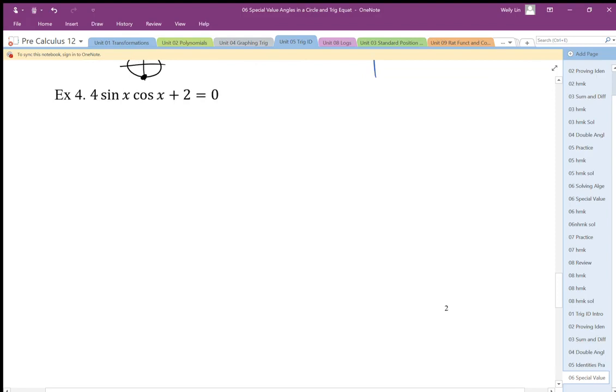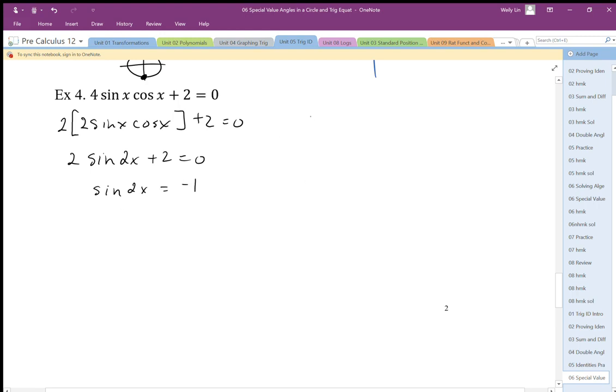This one here, if you recognize that this is actually a double angle identity because we can't solve with sine and cos, we need to recognize that this is a double angle identity first, and then convert that into sine of 2x. Then solve that for sine. Next is going to be equal to -1.